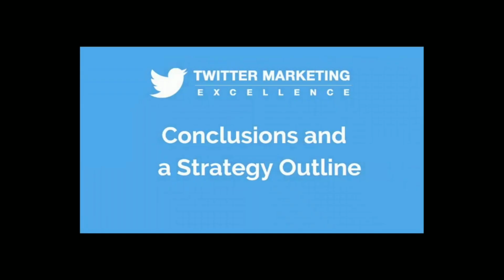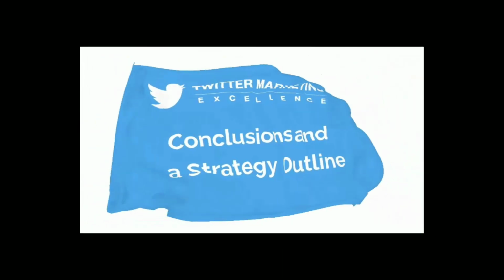So there you have it, a complete guide to how you should start getting the very most out of Twitter. Hopefully this has fueled you with some inspiration and ideas to help get you started, and you should be raring to go. In case you're a little overwhelmed though, here's an outline for a strategy you can begin employing right away. First of all, create a strong logo and brand.